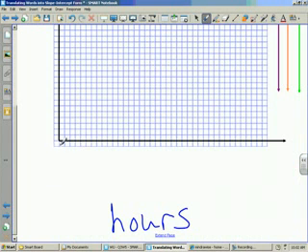I'm going to come in here and say that here is 1 hour, 2 hours. I'm going to spread it out a little bit to make our graph a little more readable. Make sure you're putting the graph in your notes also, please.